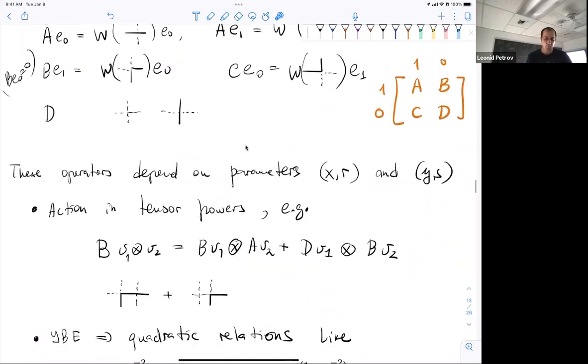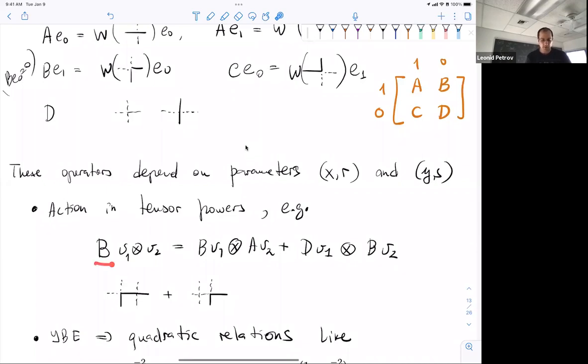Because when I have 2 vertices, I can encode this by a basis vector in C2 tensor C2, right? There's E0 E0 or E0 E1. So there are two vectors corresponding to the 2 spaces, and then I can take an arbitrary tensor power of C2 and have all these operators A, B, C, D act in tensor powers.